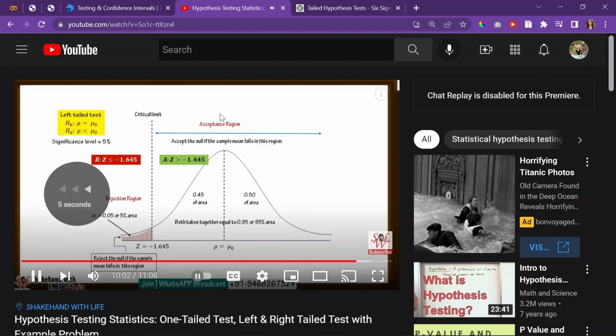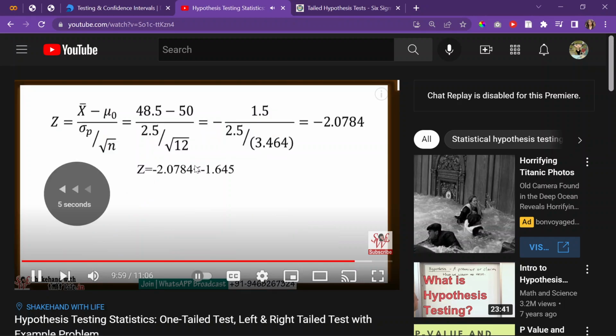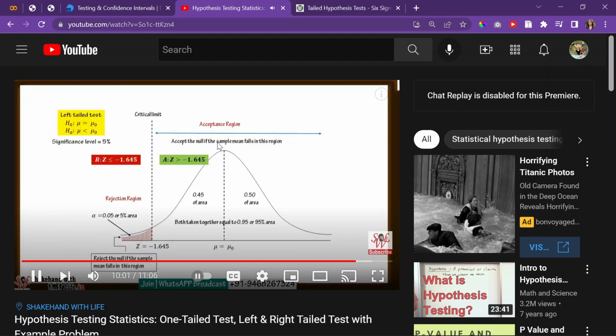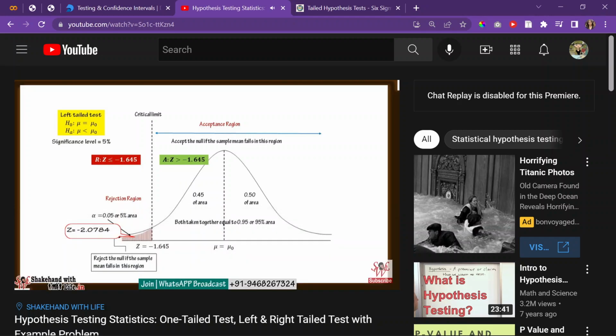So we're calculating the probability that z is less than negative 2.0784.